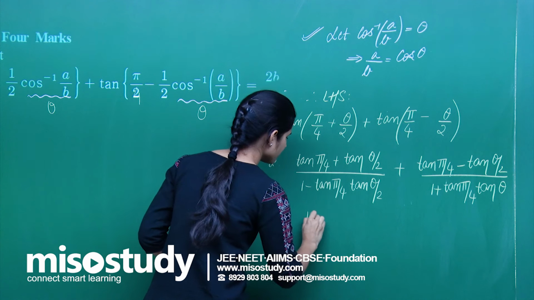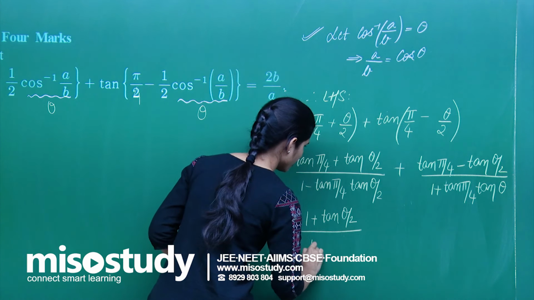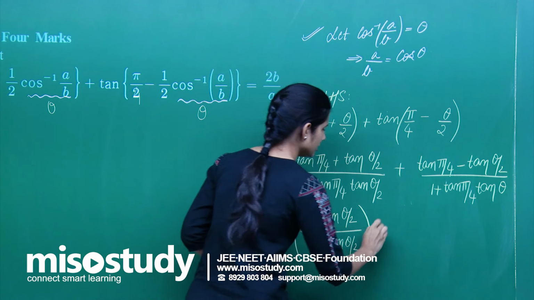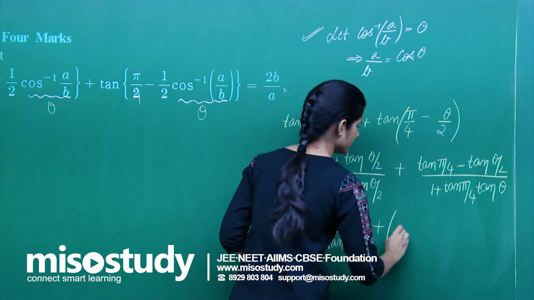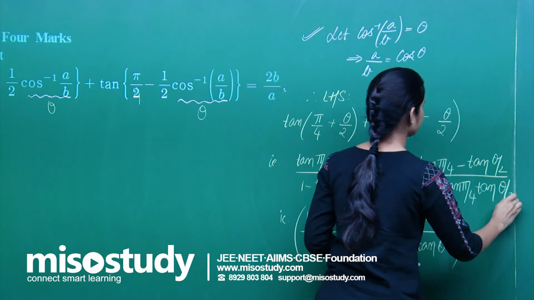So simplify this, you get 1 plus tan theta by 2 whole upon 1 minus tan theta by 2 plus 1 minus tan theta by 2 whole upon 1 plus tan theta by 2.